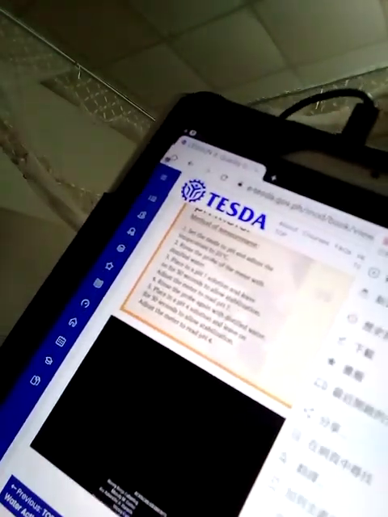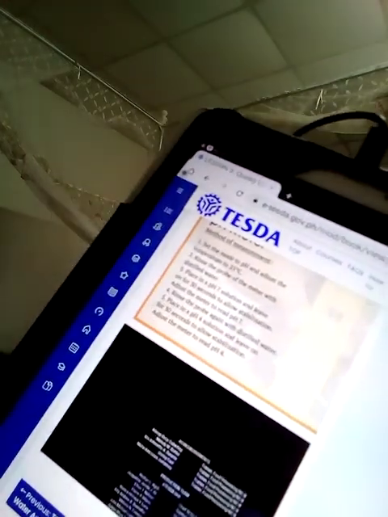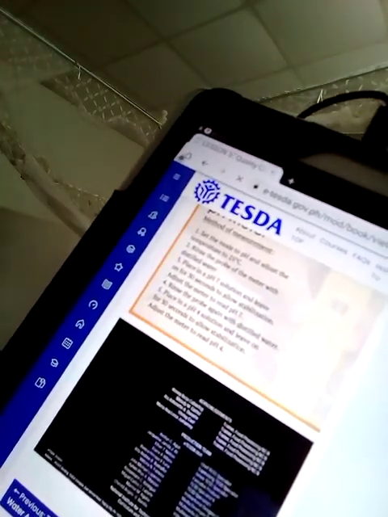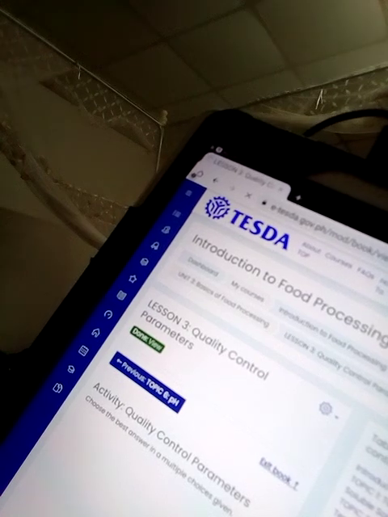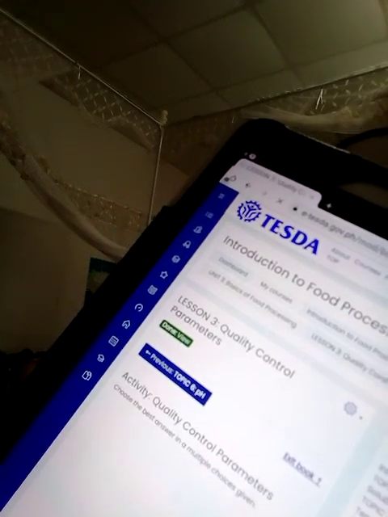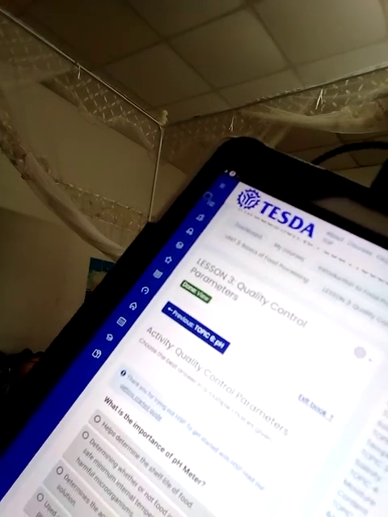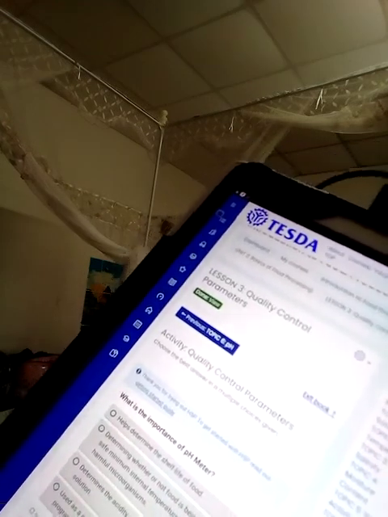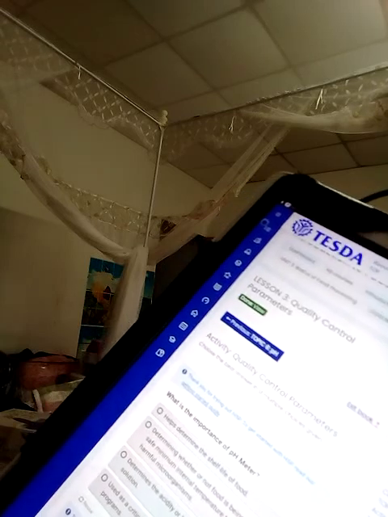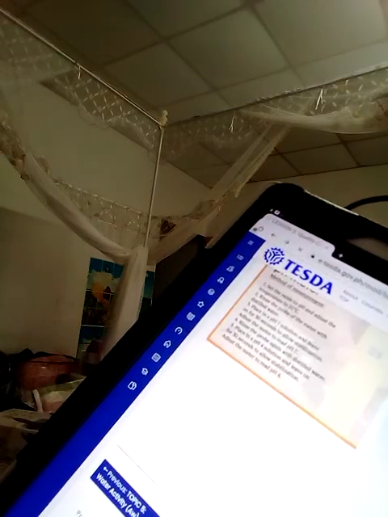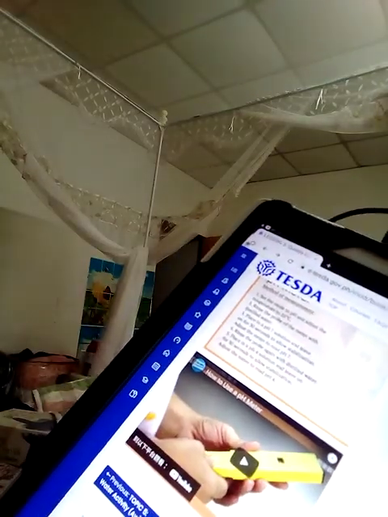That's the pH meter. So we're going to an activity: quality control parameter. Choose the best answer in the multiple choice given. What is the importance of pH meter?